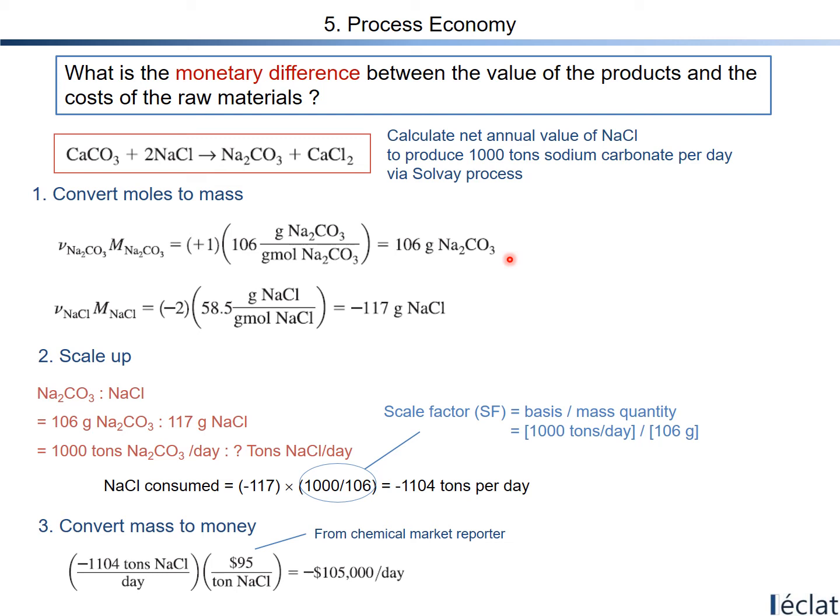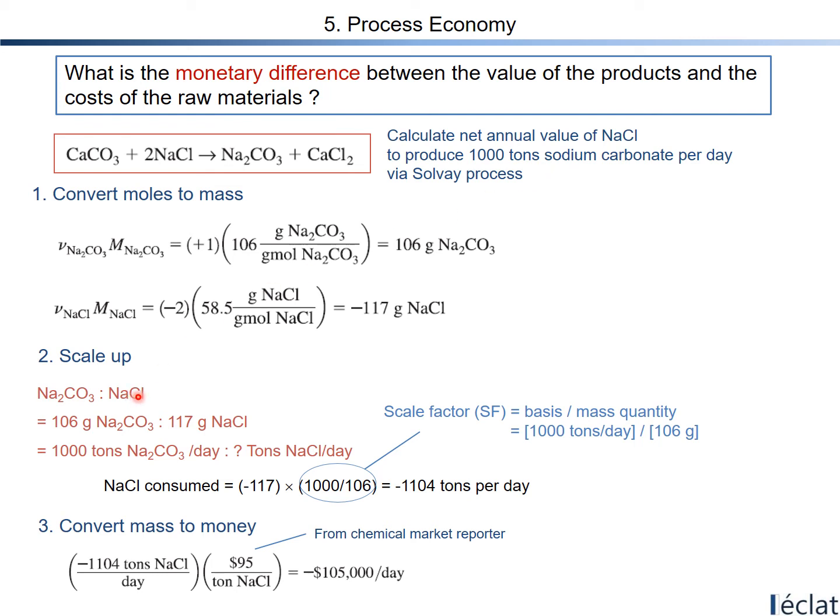But the question is saying about producing 1000 tons per day instead of 106 grams sodium carbonate. So we should scale up this amount into 1000 tons.